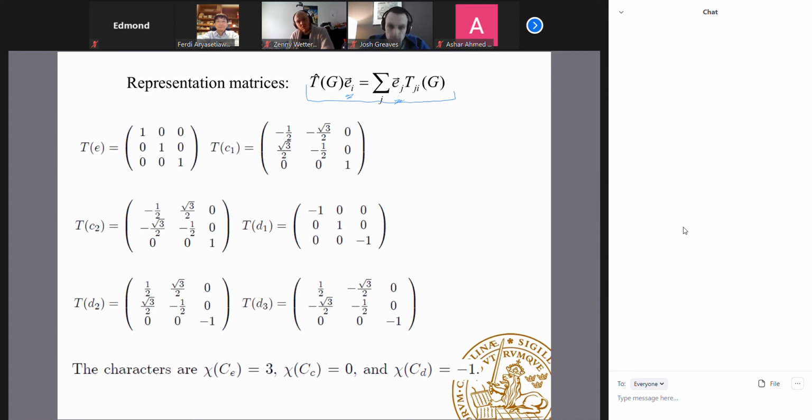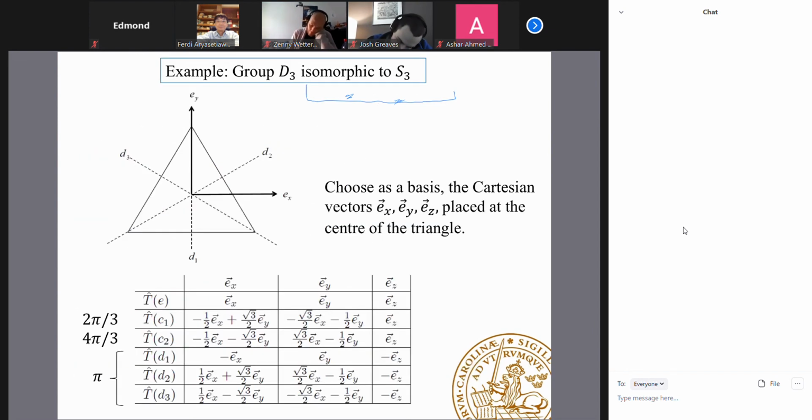So Ex, Ey, and Ez form an invariant subspace, but it is not necessarily irreducible. Invariant does not mean irreducible. And in fact, you can see already from this result that Ez always goes to itself. So we know that this Ez forms an invariant subspace by itself.